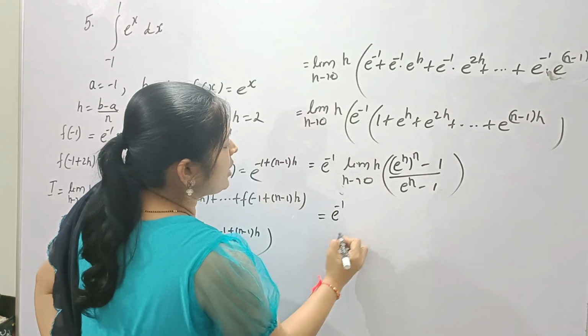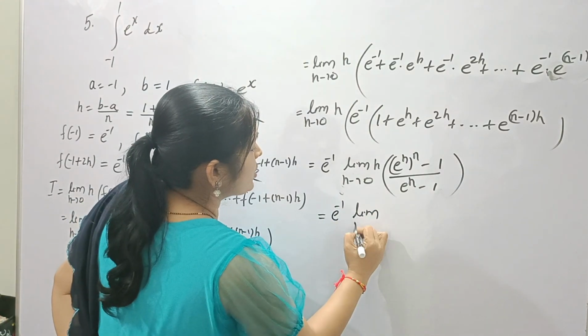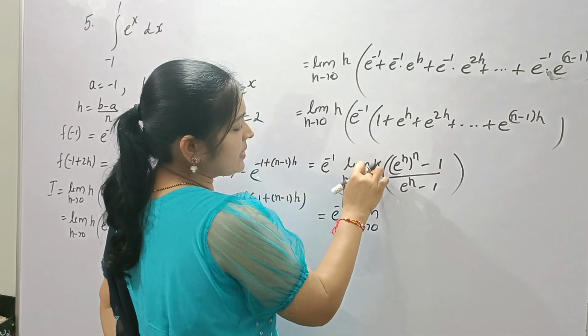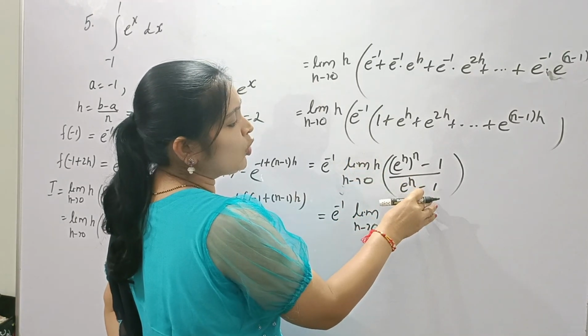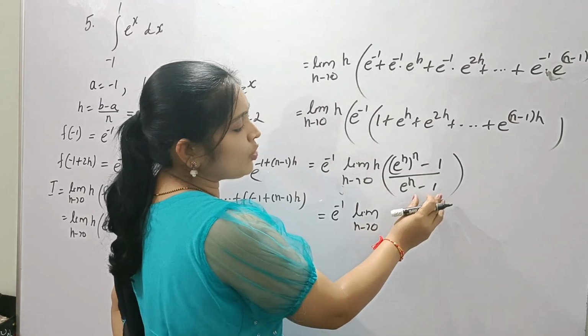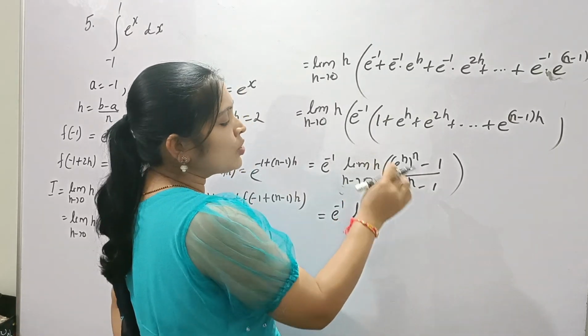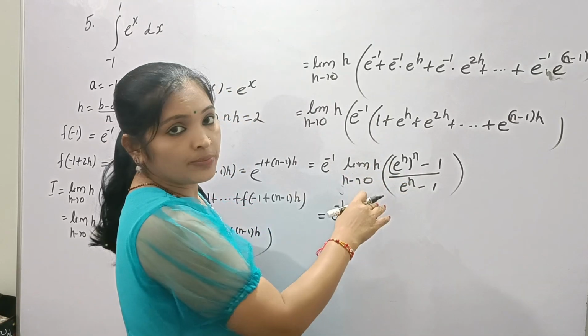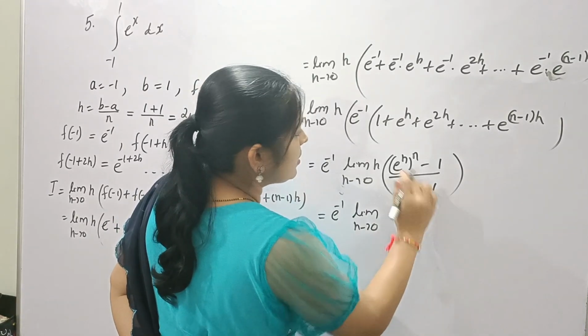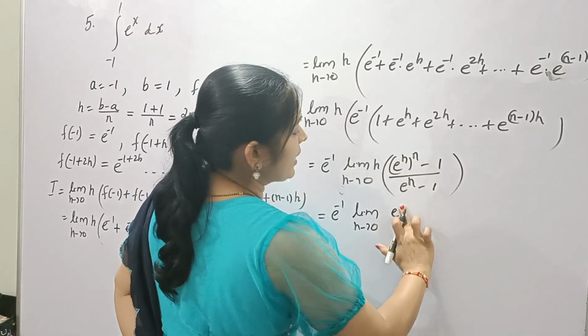So e raised to minus 1 limit h tends to 0. See, here we can write this h as the denominator of the denominator. We know that if a value in the denominator of the denominator comes to the numerator, right? So that we can apply the limit. Here we can write e raised to h, it is nothing but e raised to nh, right?